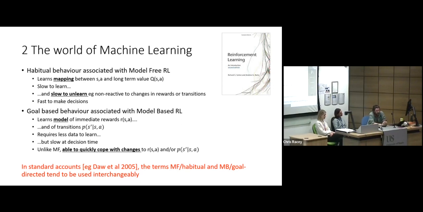If you read a lot of papers, model-free and model-based are just intertwined with habitual and goal-based. They tend to be the same thing. The famous reinforcement learning book is by Sutton and Barto. It's real machine learning stuff, but then they talk about habitual and goal-based behaviour and how this could replicate it. So that's cognitive sciences, machine learning.